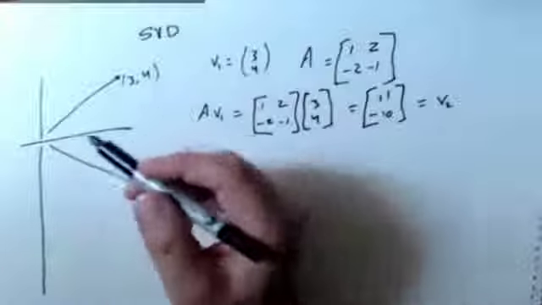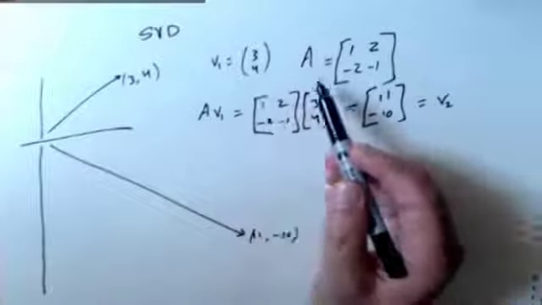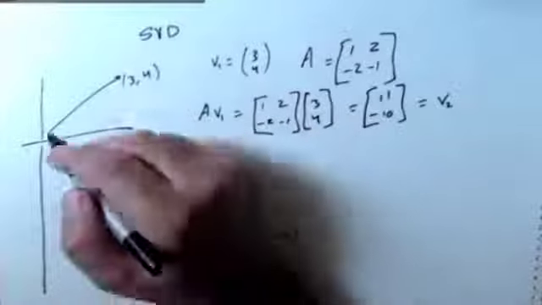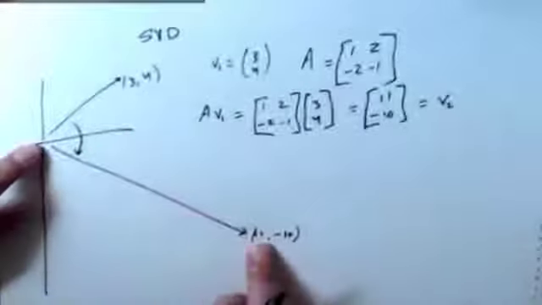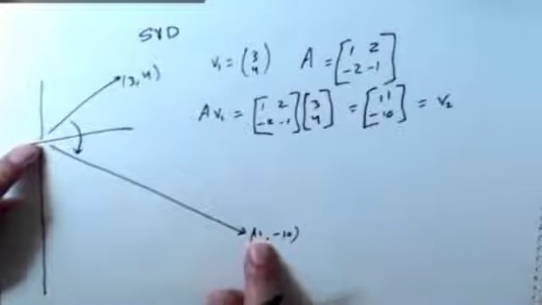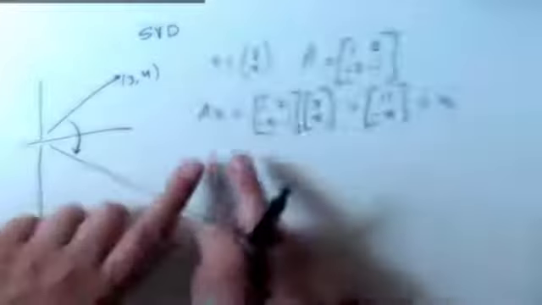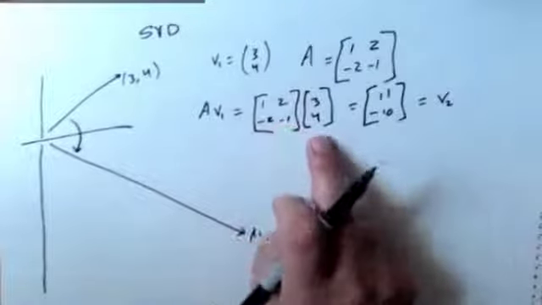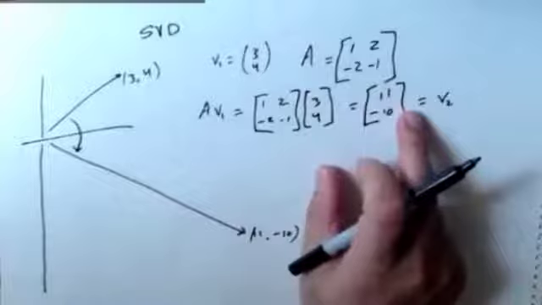So what you're seeing is that when you multiply a vector by a matrix, it rotates the vector by some angle and also stretches it. There are two things happening at the same time: the vector gets stretched and it also gets rotated.